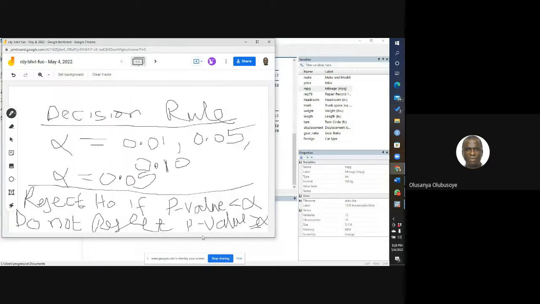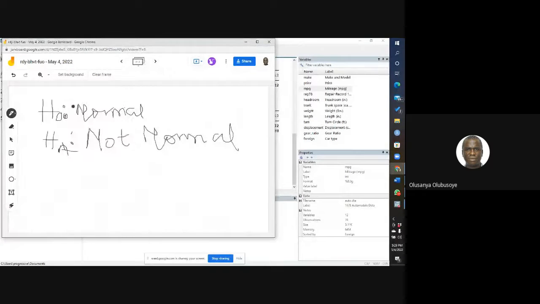Here, because our p-value is very small and much smaller than the alpha level, we are rejecting the null, which says the distribution is normal. And therefore, we conclude that the variable is not normally distributed.